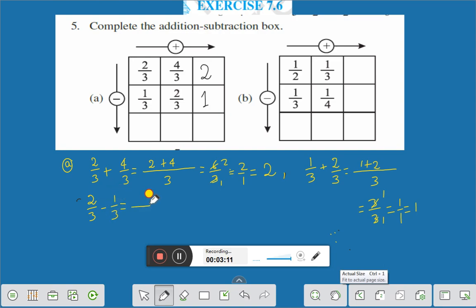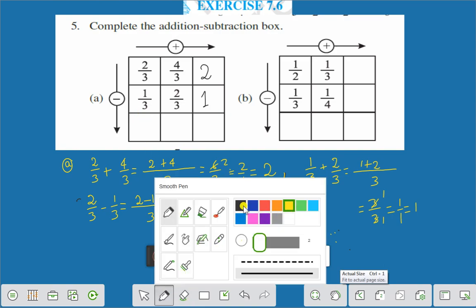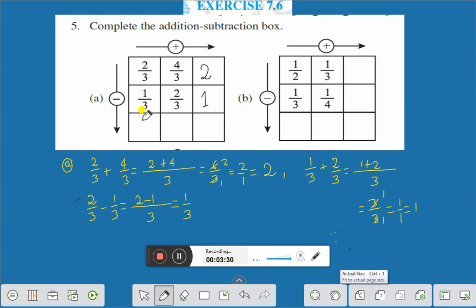The LCM is 3, and that is 2 minus 1, which is 1 by 3. Therefore, this value is 1 by 3. Let us write the value as 1 by 3.